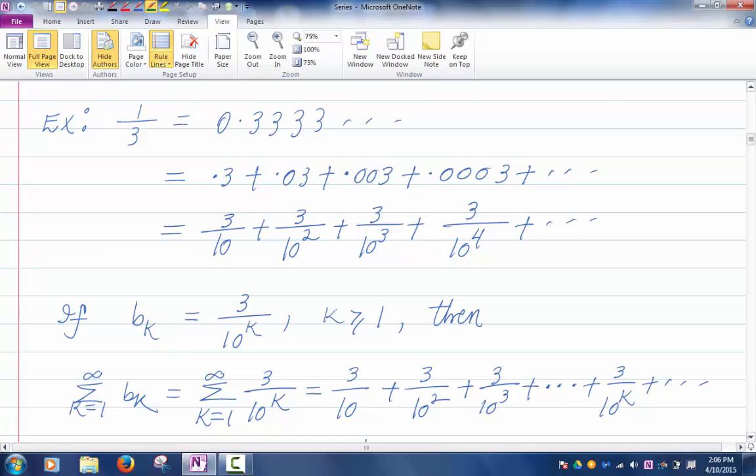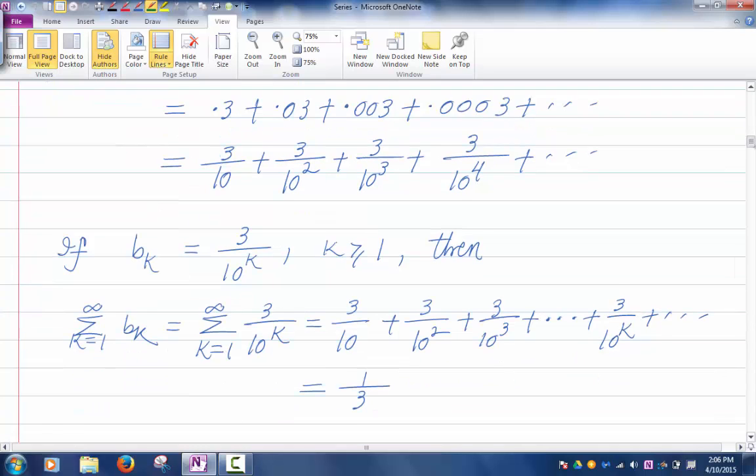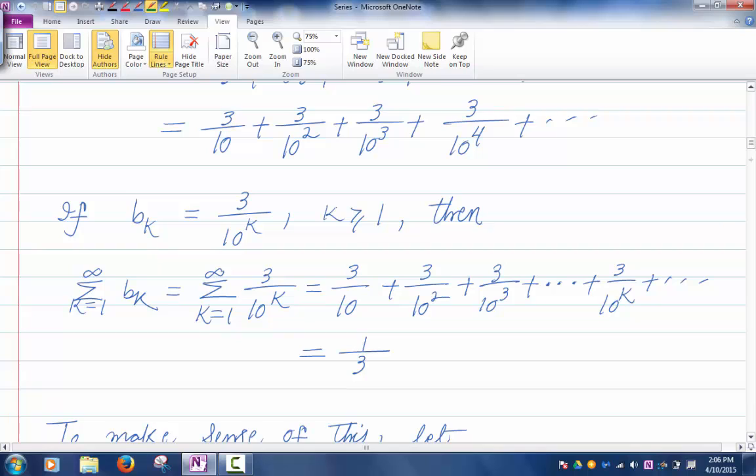So if I take b_k to be the sequence given by 3 over 10 to the k, where k is larger than or equal to 1, then the summation k going from 1 to infinity of b_k is the same as the summation k going from 1 to infinity of 3 over 10 to the k, which is 3 over 10 plus 3 over 10 squared, and so on.